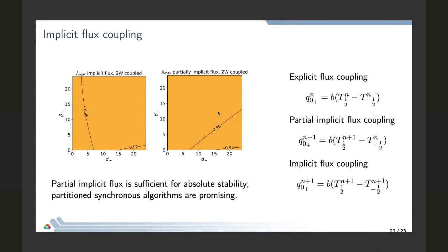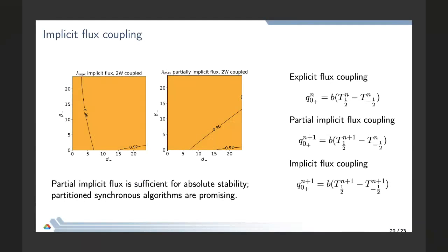We also considered implicit flux coupling. Here I would like to introduce the way we categorize the flux coupling. We categorize all the existing coupling schemes into 3 categories based on the way interfacial flux is calculated.